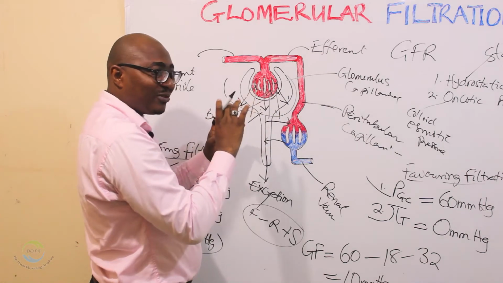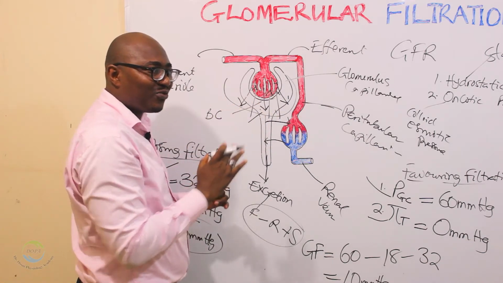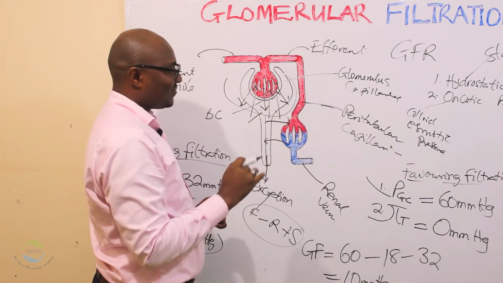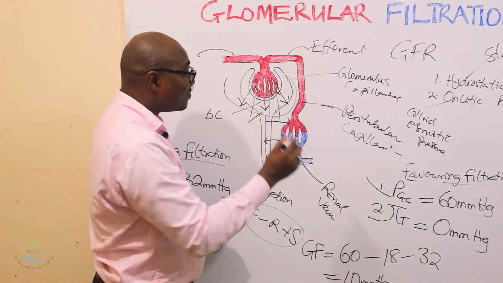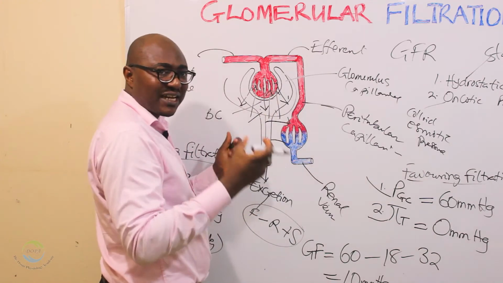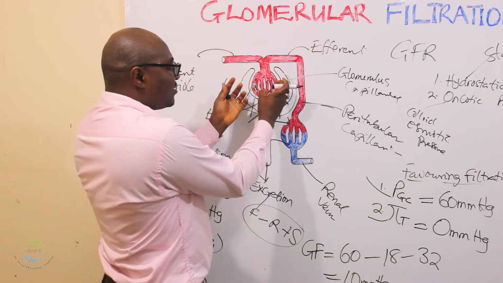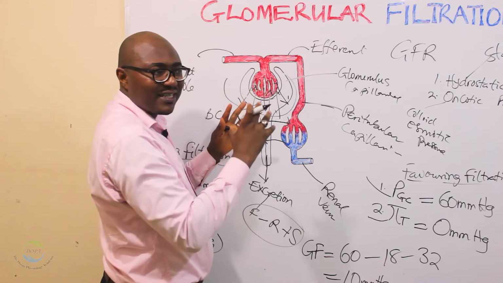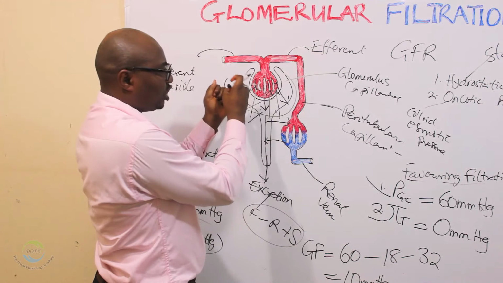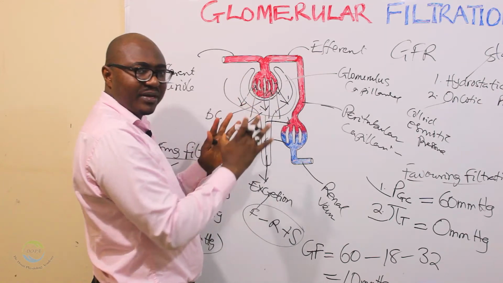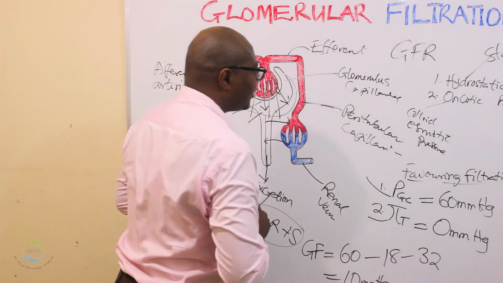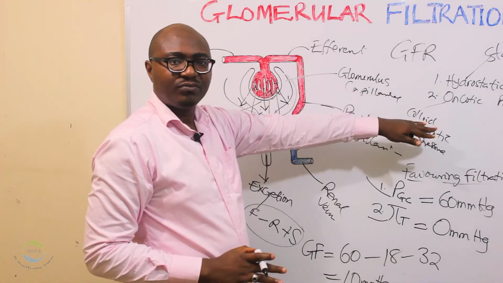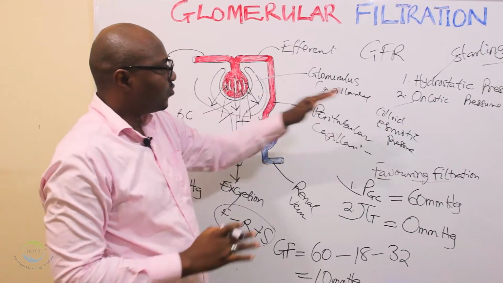Remember when we were talking about the juxtaglomerular apparatus, we talked about extraglomerular mesangial cells. Okay? We said those cells are contractile, also known as pericytes. Because of their close relationship with these glomerular capillaries, when they contract, they can change the size of this capillary bed. Okay? So that's just that. But these are the main things that influence glomerular filtration rate.